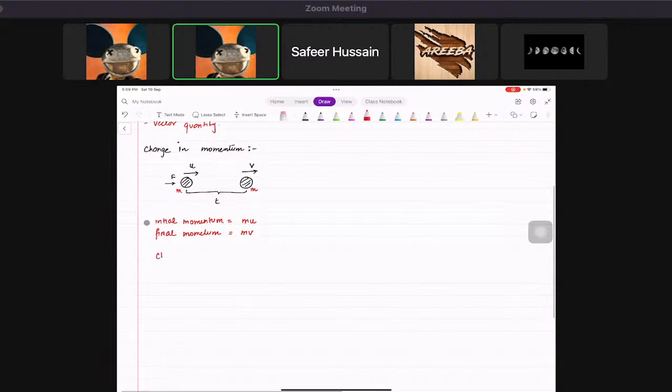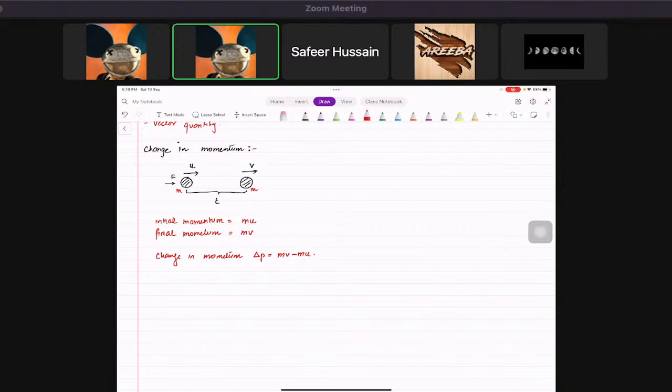The change in momentum, in physics, the change is written as delta p. We write it as mv minus mu, which means final minus initial momentum. So that would bring a change in momentum.